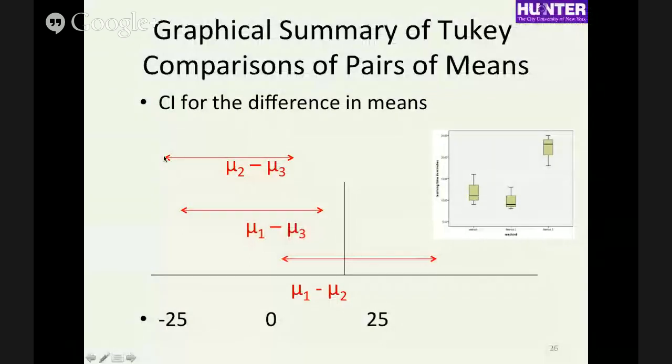If you did that, then it becomes very obvious which ones you can clearly reject, because you have this 0 line. All of the confidence intervals that intersect with your 0, you would not reject, and the ones that don't cross, you reject. Looks like my numbers down here got a little bit off. This 0 should be under that line, but you know what I mean.